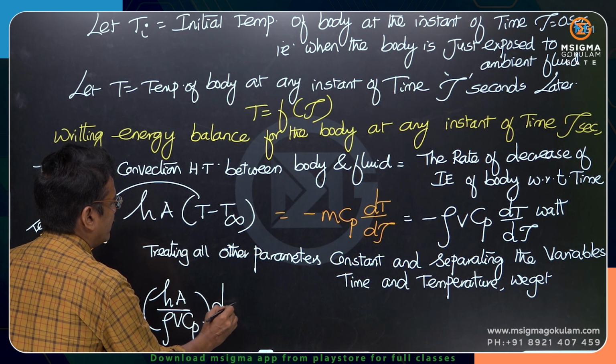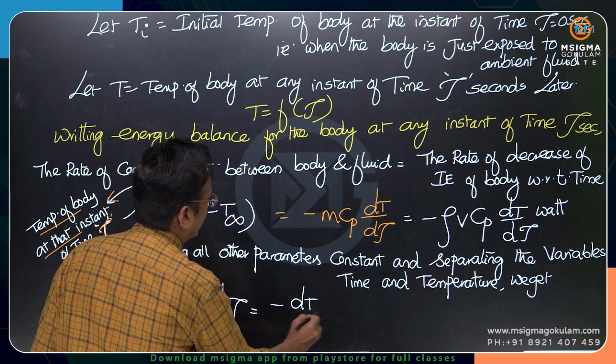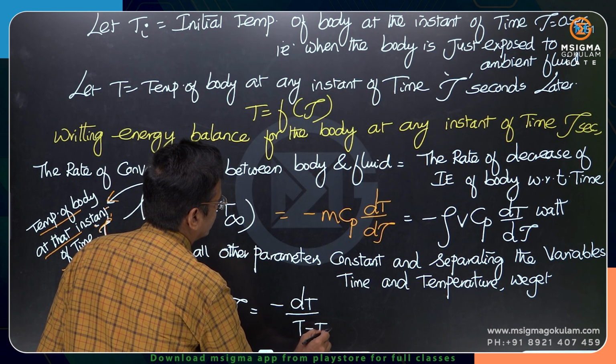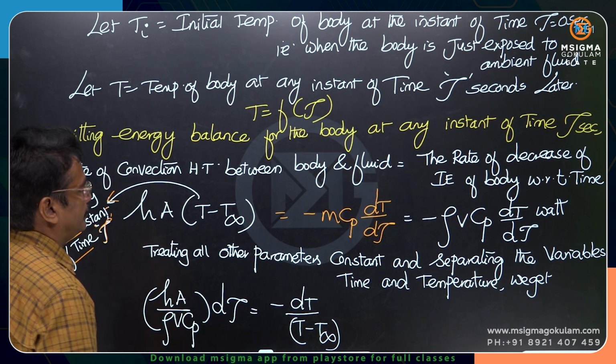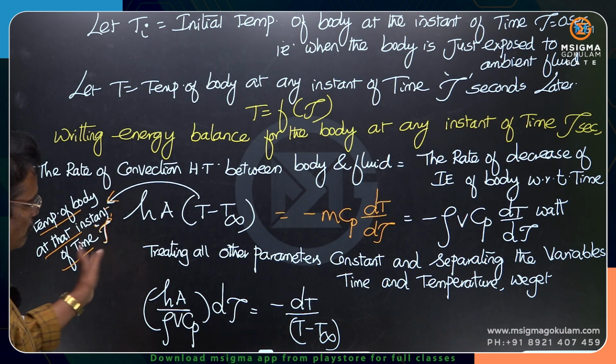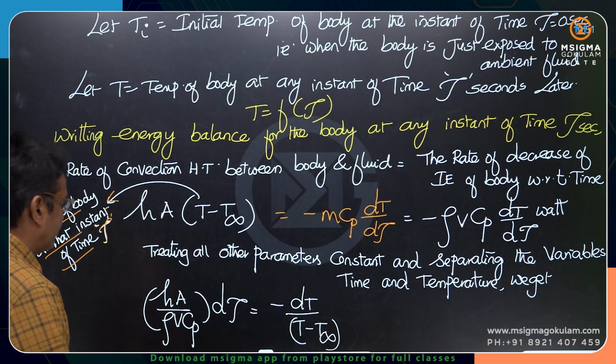I am separating the variables. D tau is equal to minus dT by T minus T infinity. Temperature on one side, time on the other side. Tau is the time symbol, right?